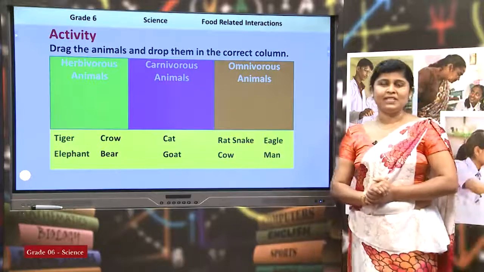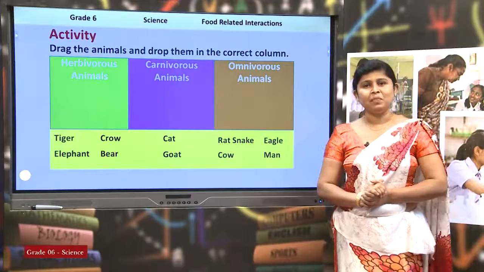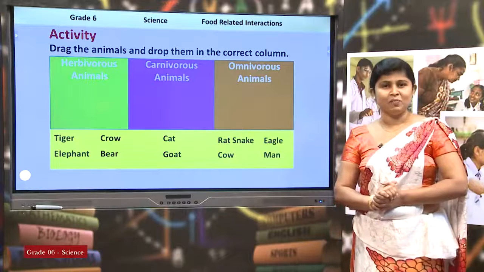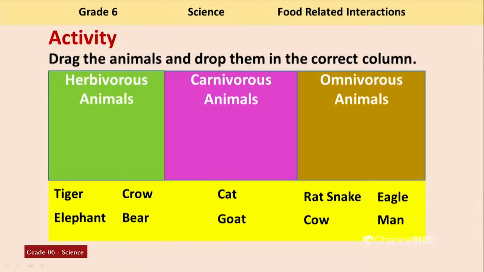Now we have got a simple activity. I am sure that you will help me to complete the activity. Will you help me? Okay, thank you. The activity is drag the animals and drop them in the correct column. I have given you 10 animals there.